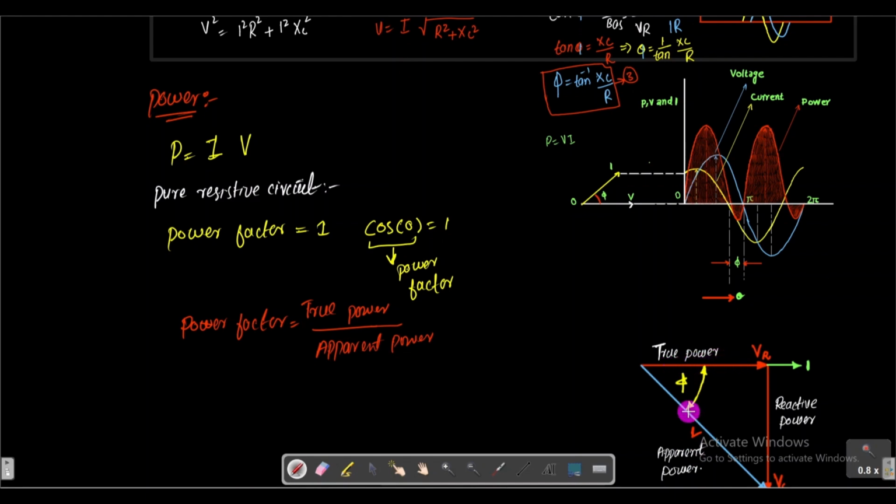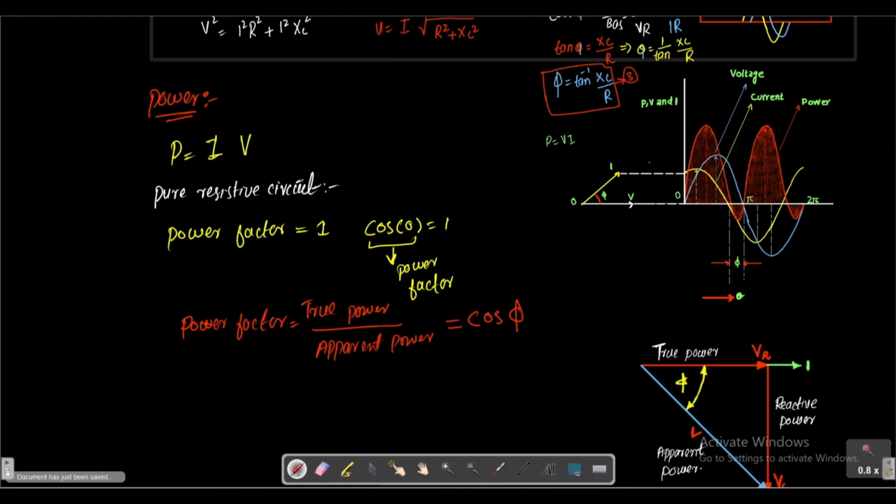If we divide the base by the hypotenuse, it will be equal to cos phi. So we have written cos phi for the power factor. In the pure resistive circuit, the current I and voltage V are in phase, so the power factor is 1.